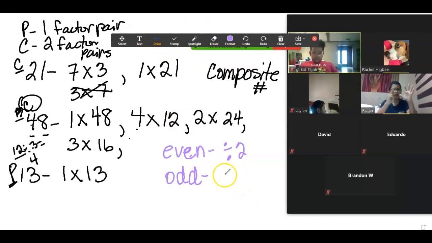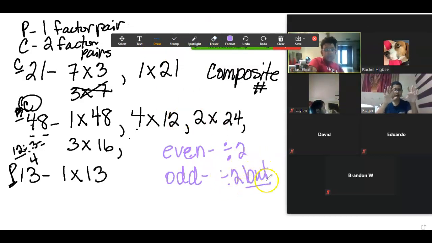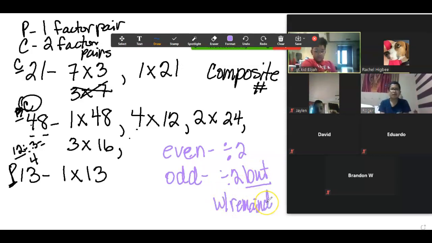I can divide by 2, but with a remainder. So if I try to do 3 divided by 2, I can do that, but then I have a remainder. Okay, so that's what that means, even and odd.